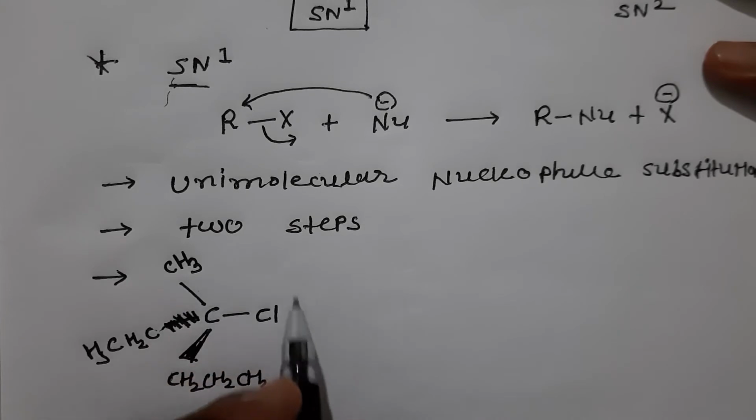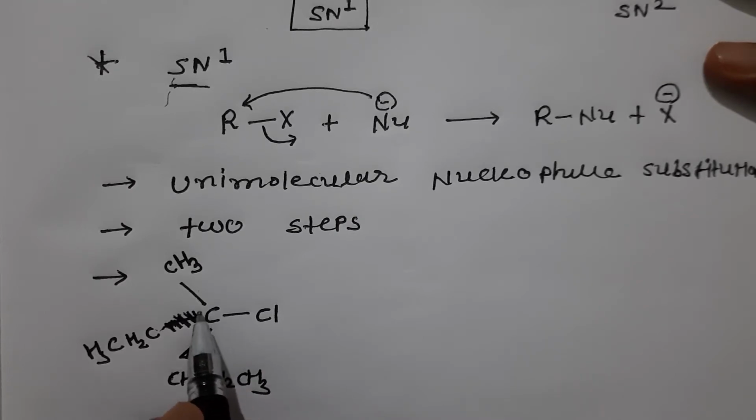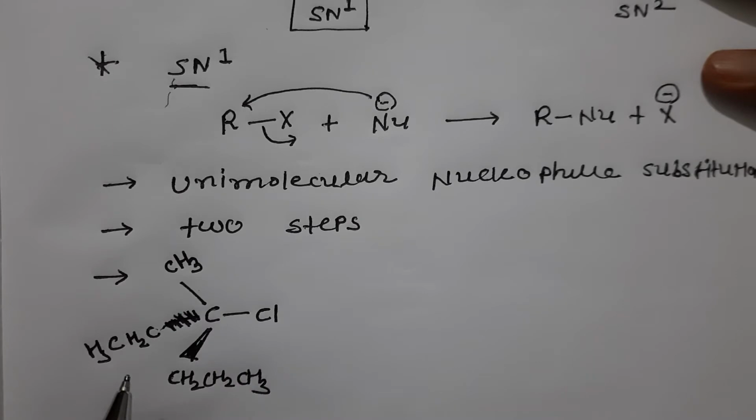This molecule is optically active because it has a chiral carbon atom. If we put this compound in a polarimeter and pass plane polarized light, it rotates either in clockwise or anticlockwise direction, that means right hand side or left hand side.